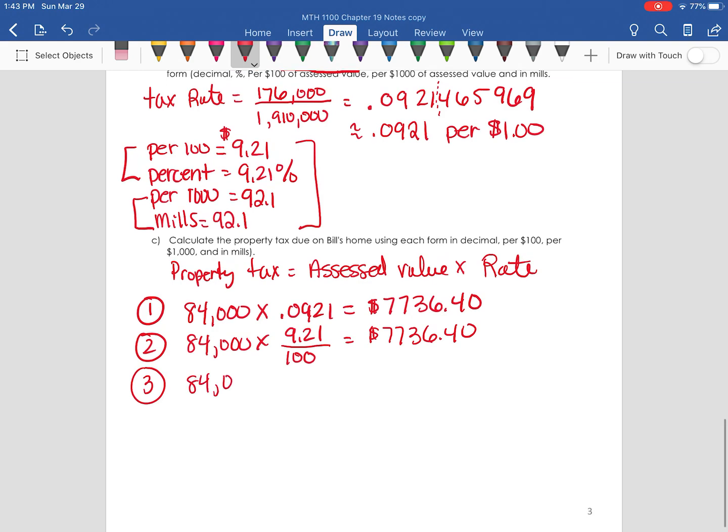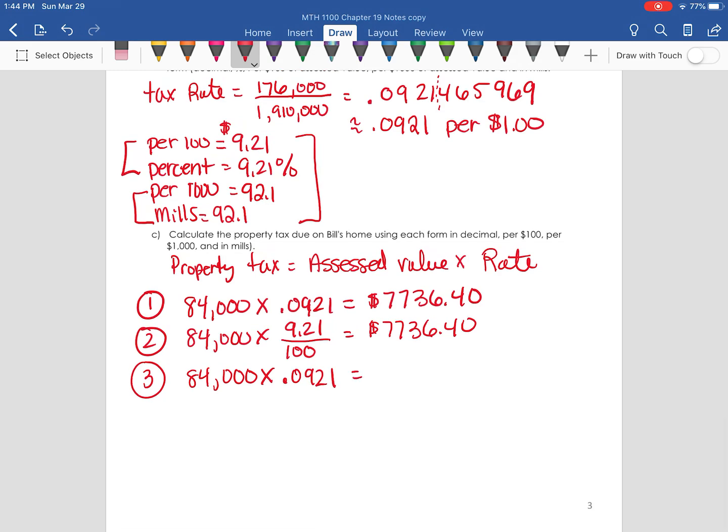Now we're going to do it by percent. So I'm going to take 84,000 and multiply it by 9.21%. However, when we make our calculations with percentages, we have to put it in decimal form first. So I'm going to multiply by 0.0921 because that's 9.21% as a decimal, and I would get the same value.